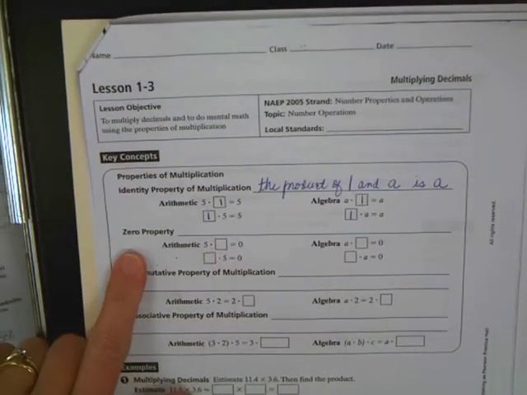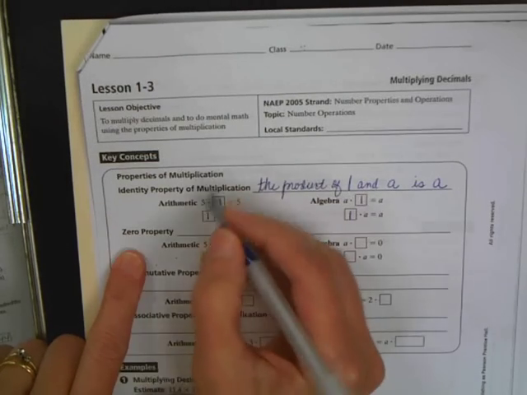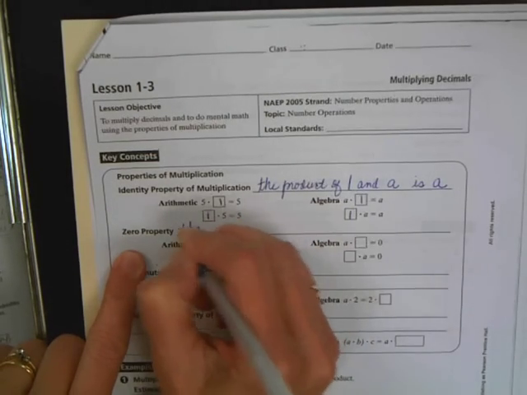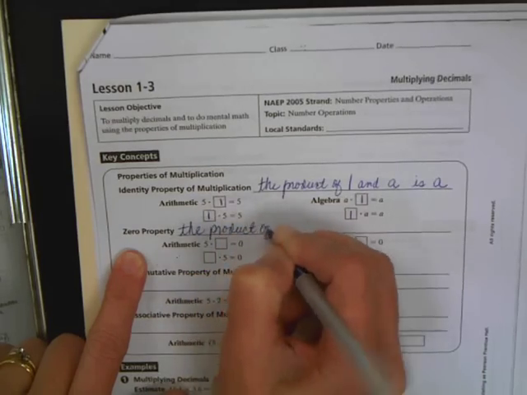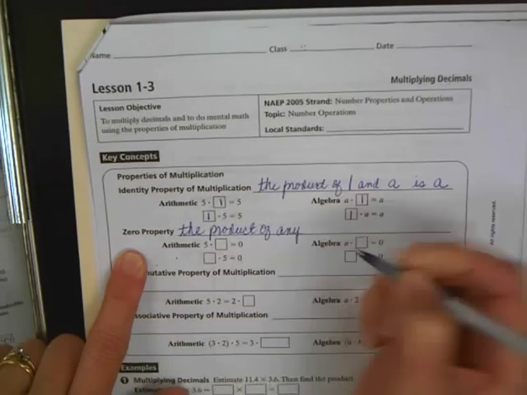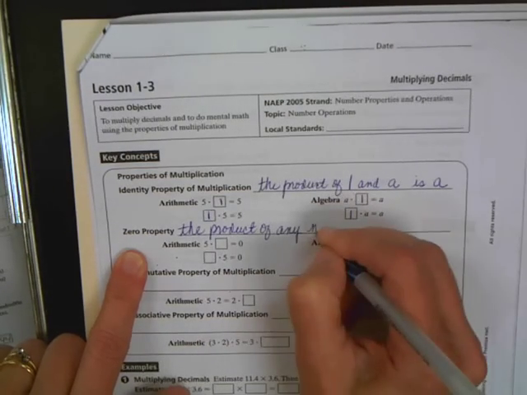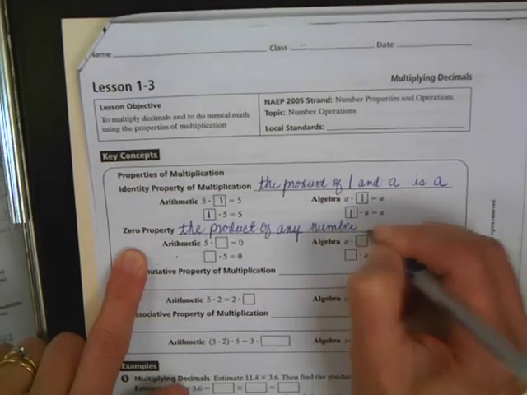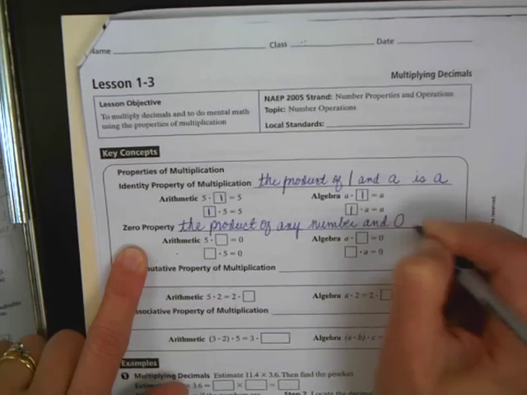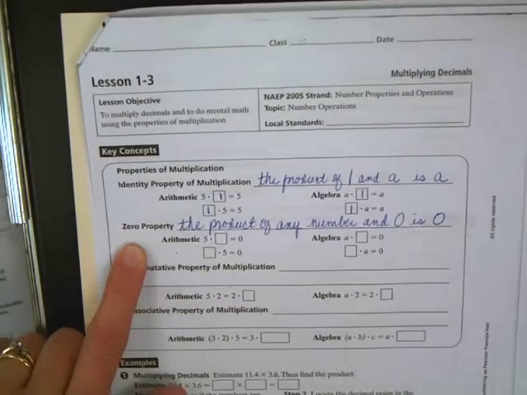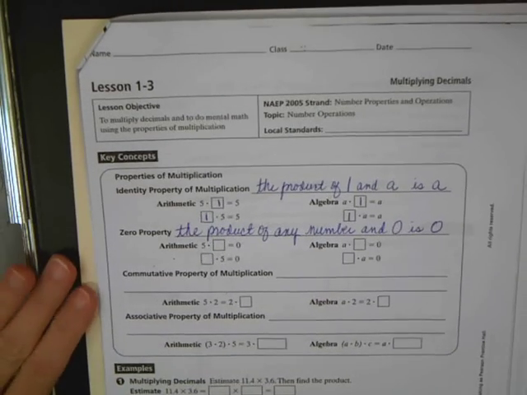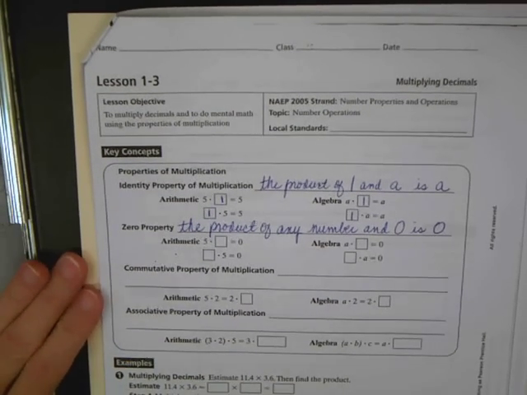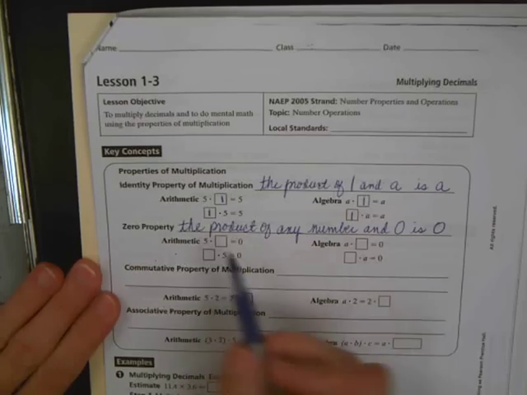Our next property is the zero property. The zero property tells us that the product of any number and 0 is 0. Okay, so if you multiply anything by 0, we know that we get 0, and there is actually a property for that called the zero property.